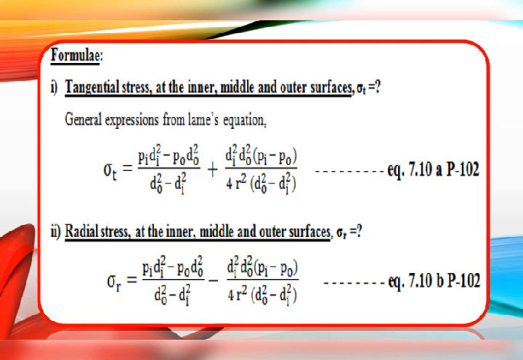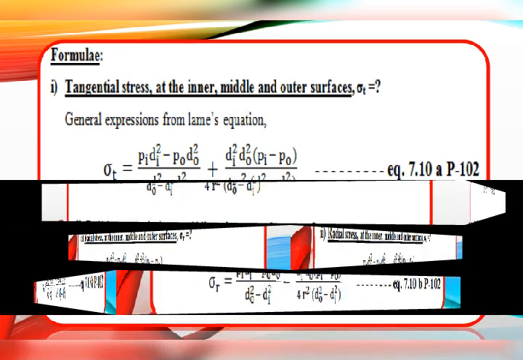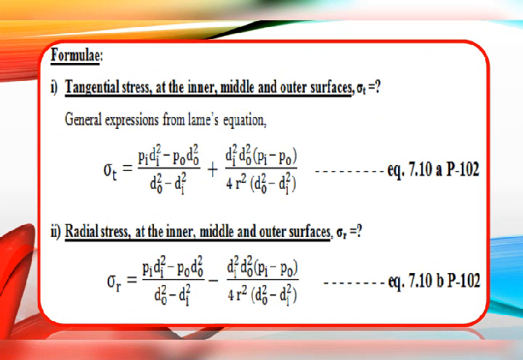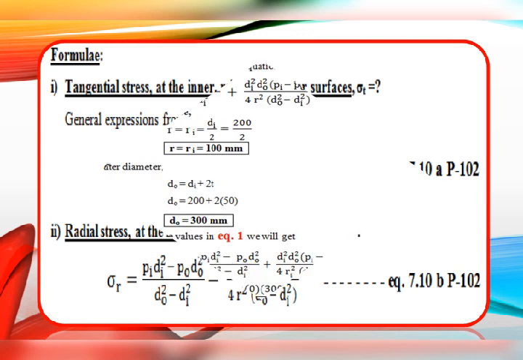In these equations, Pi is the internal pressure, di is the inner diameter, d naught is the outer diameter, and radius r is at the various surfaces such as inner, middle and outer surfaces.